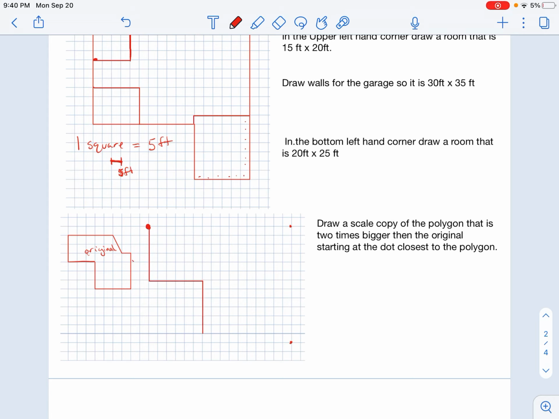Okay, so whatever the length is in the number of squares, we're just doubling that. Okay, so we've got 4 here, so that's going to be 8. 2, 4. Okay, and then this is going to go up 4, so it's going to go up 8. Okay, our top one, it's 5 across the top, so 5 times 2 is 10.